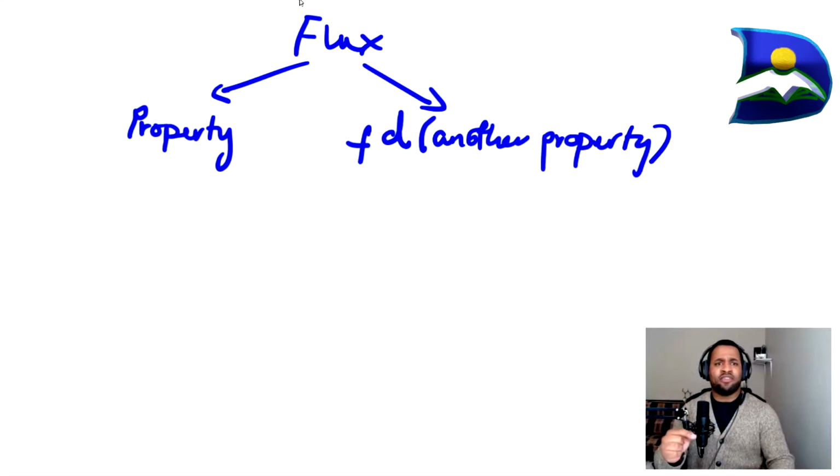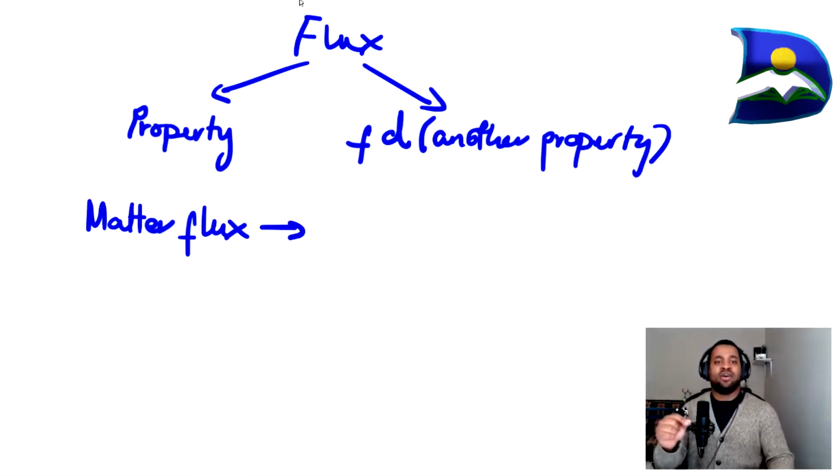On our previous video we looked at how we associate this property, which involves matter. The matter flux is connected really well to another property, which is called the number of particles.